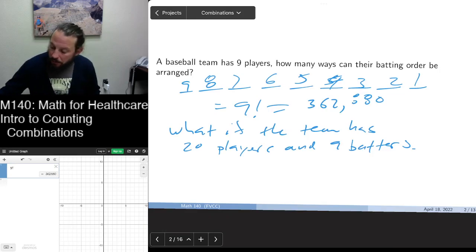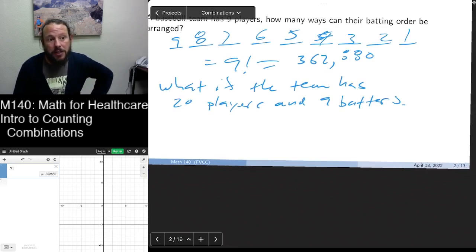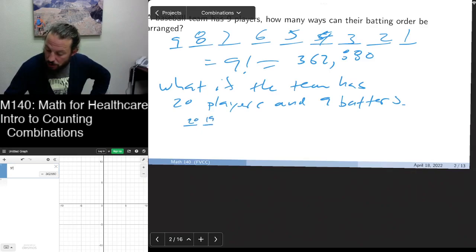Well, if we recall from last time, we're going to use permutations here. There's 20 ways to choose the first person, 19 ways to choose the second, but you're only going down 9, because you only have 9 players. So that's going to be the permutations of 20 things taken 9 at a time.